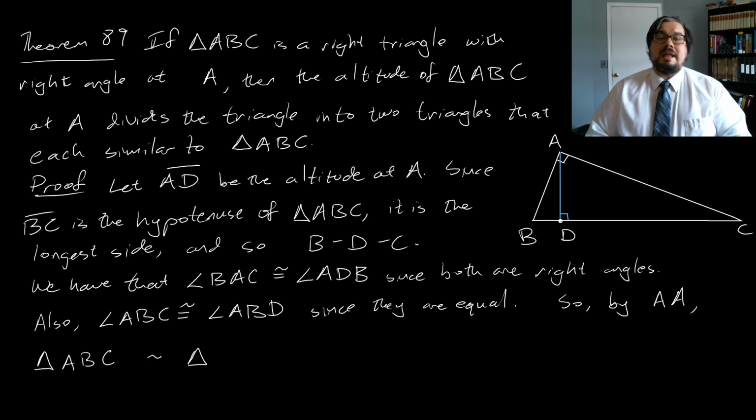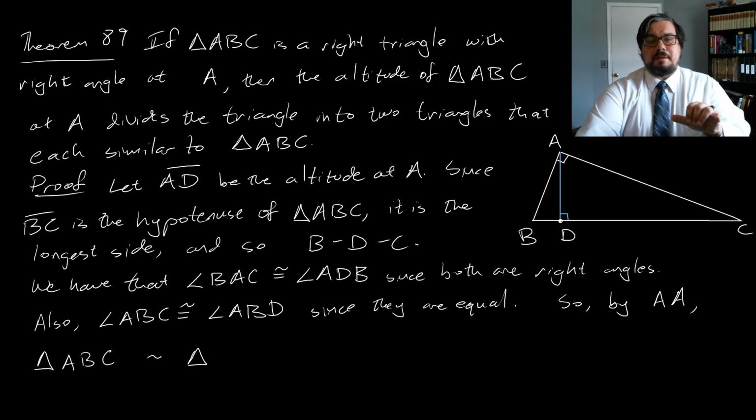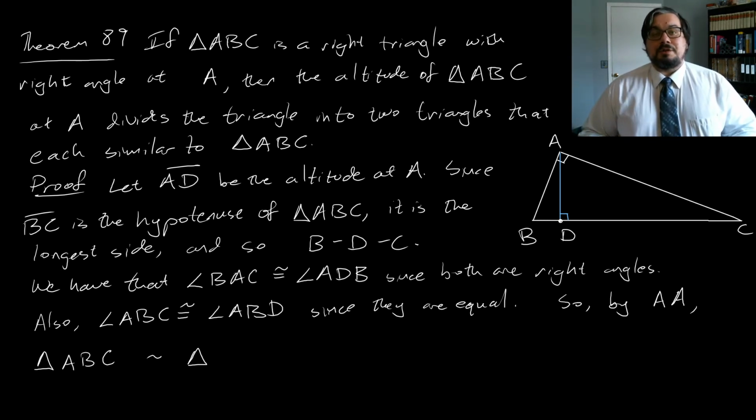Now, again, here we want to be careful about the order that we write things down in, because when we do say that two triangles are similar, we're actually asserting a particular order that the vertices and angles line up in. The way we make sure that we're doing things in the right order is compare the angles that we know are congruent to each other.